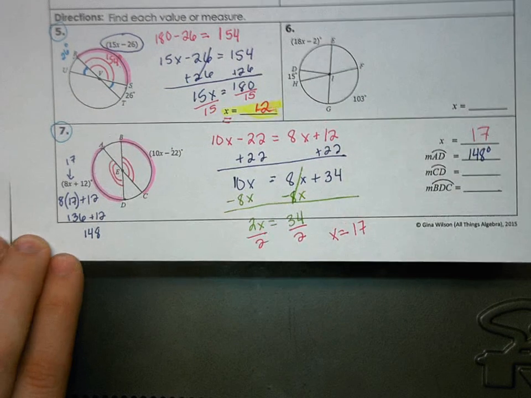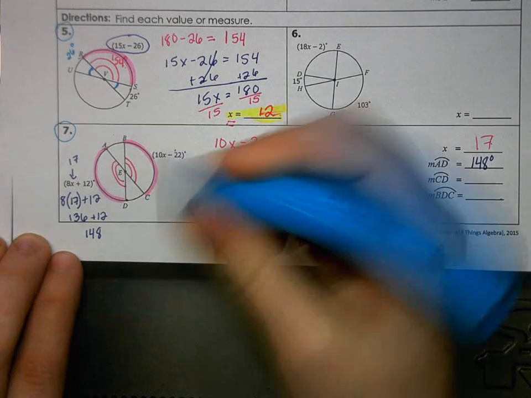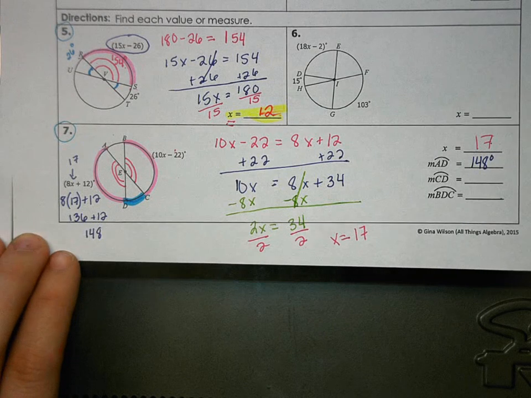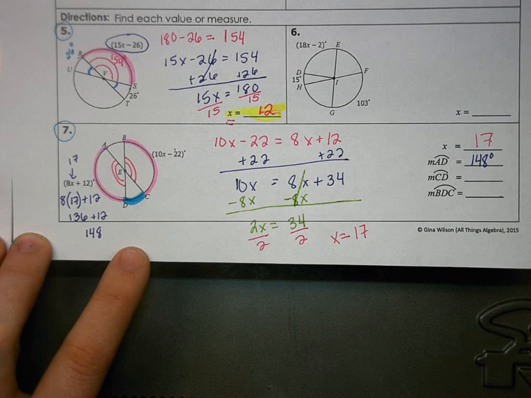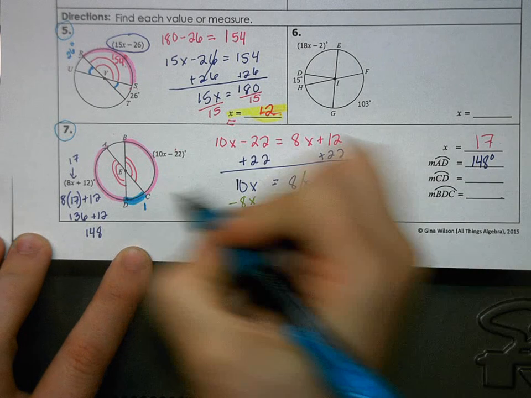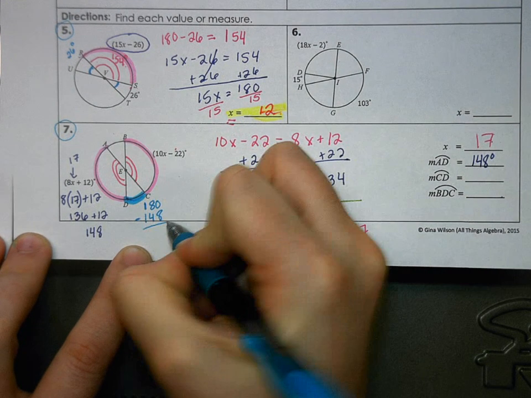CD is not one of those two arcs. CD is right here. I think I heard a correct statement. Can you say that one more time? 180 minus 148.